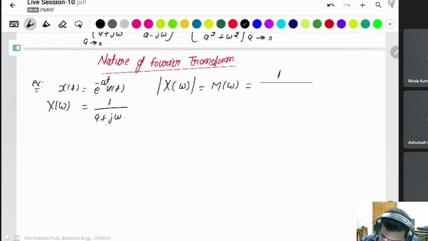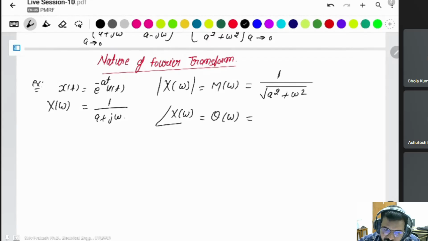This is a complex form, then this will be the square root of real square plus imaginary square. What is the angle of this one? Angle is presented by theta. This will be minus tan inverse omega by a.